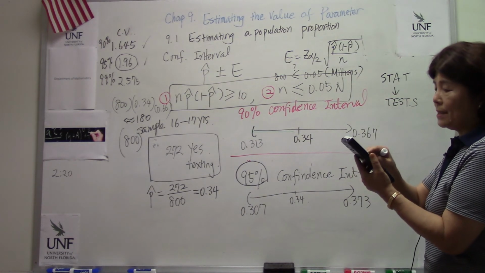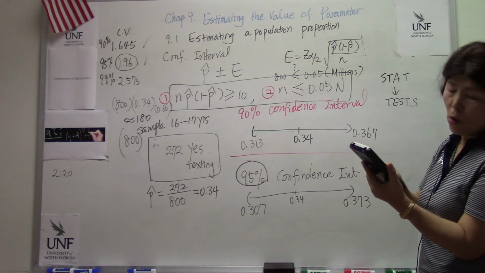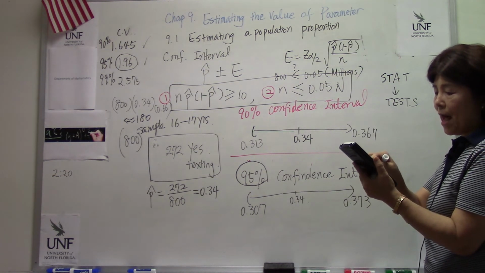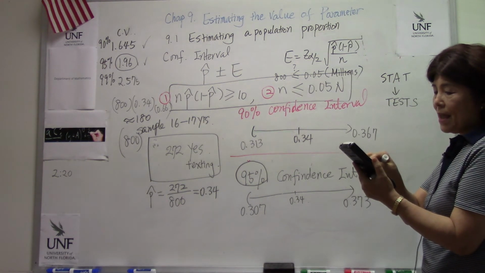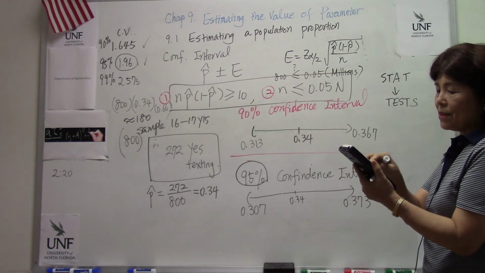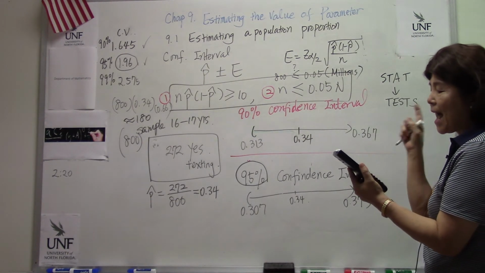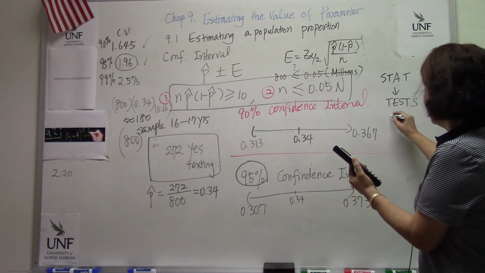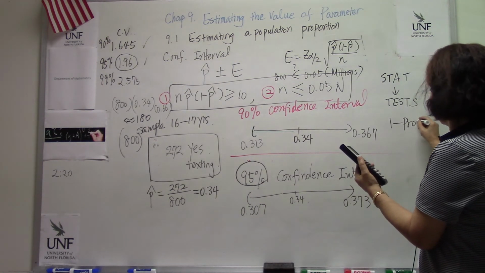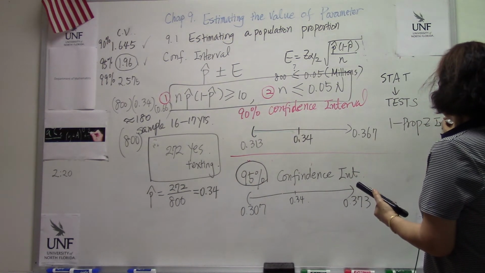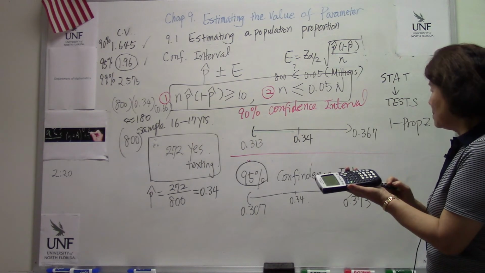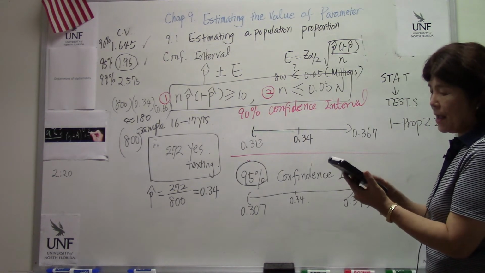So go to the last option and then go to A. You have to move a lot: 7, 8, 9, 0, and A. That gives you 1-PropZInt, the one proportion Z interval. So go there and then click.